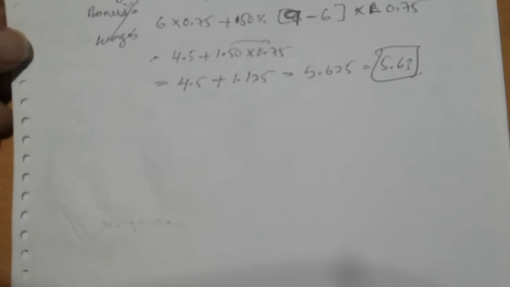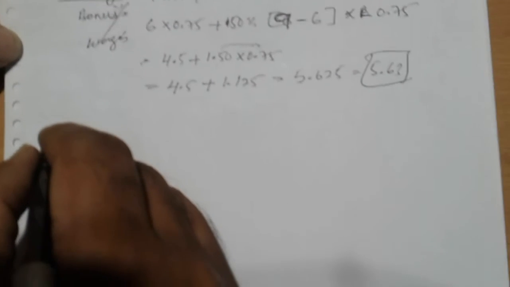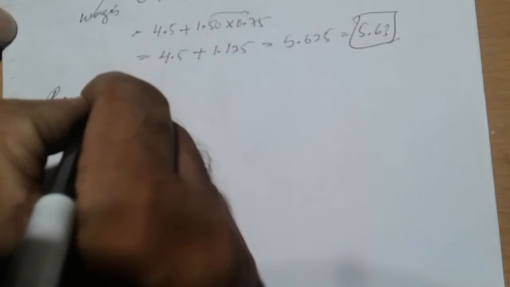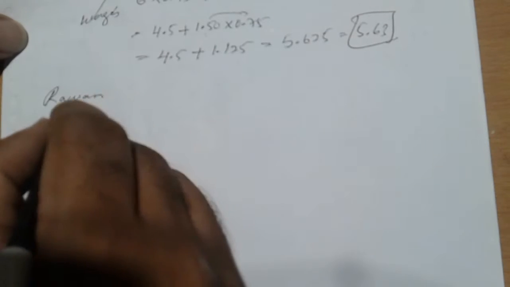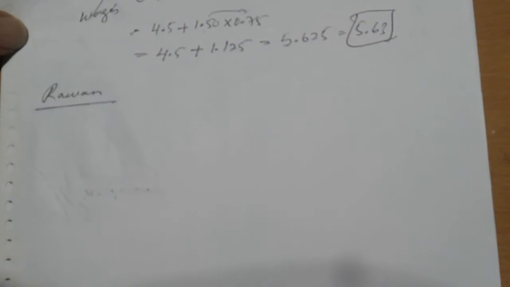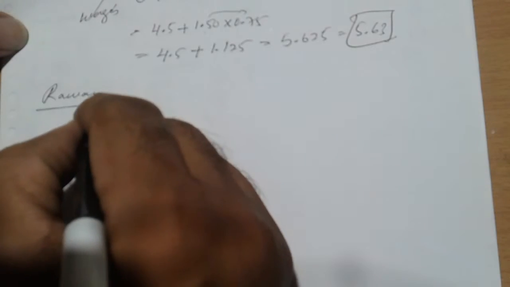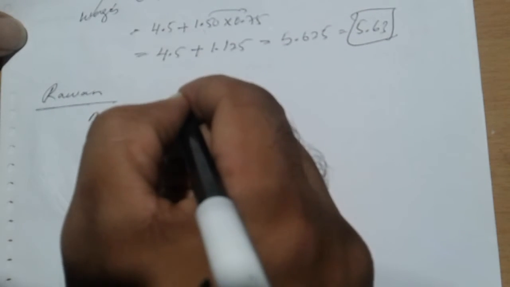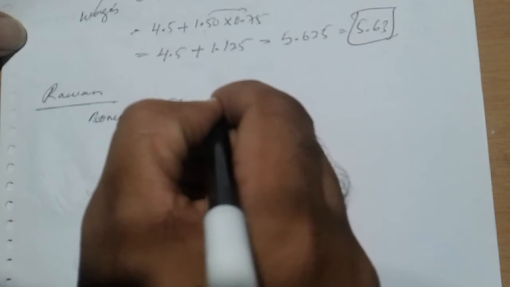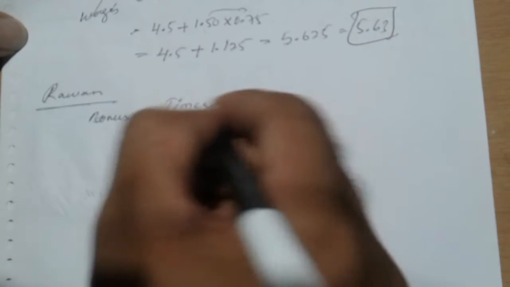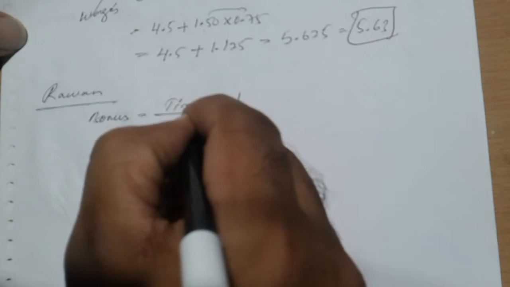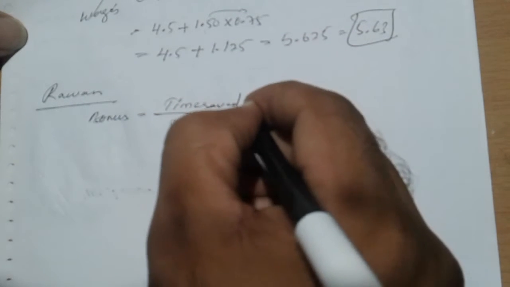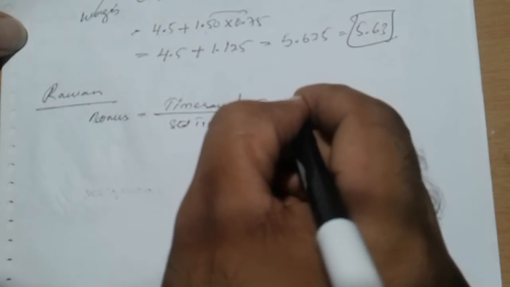Now with Rowan's plan, first we have to take the bonus calculation: time saved over standard time into time taken into rate per hour.